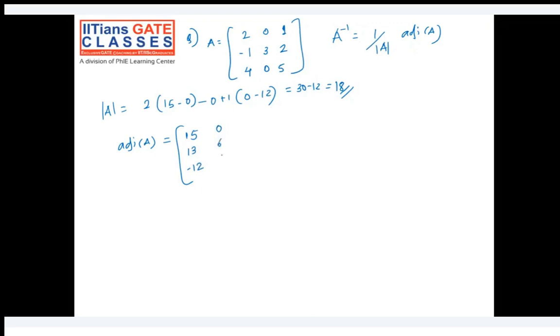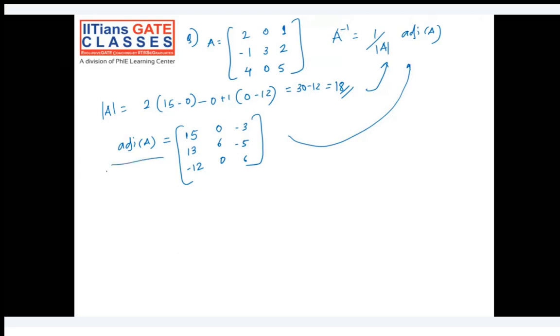Then put these values into this formula and we'll get the inverse out of here. The process is the same, but it will be a little time consuming because making an adjoint of matrix A will take some time.